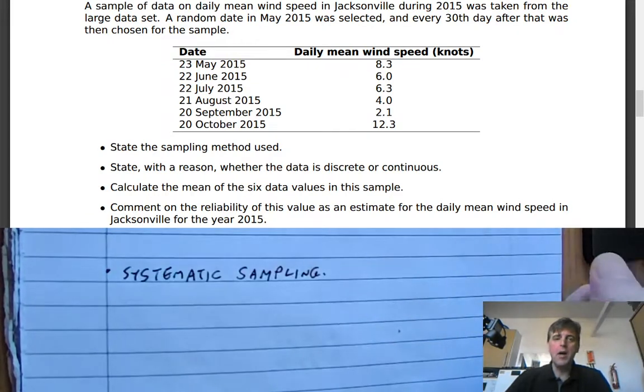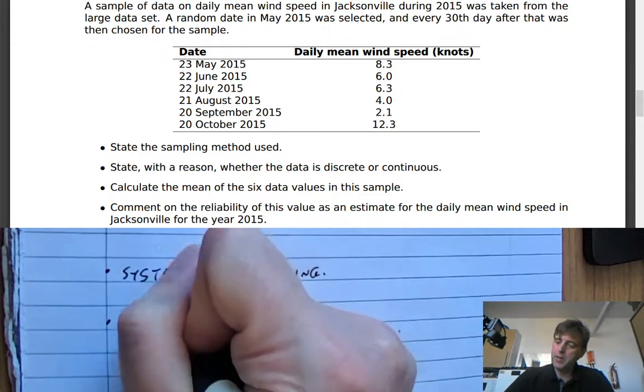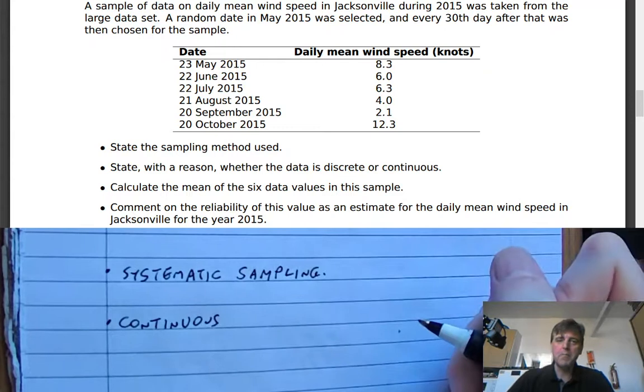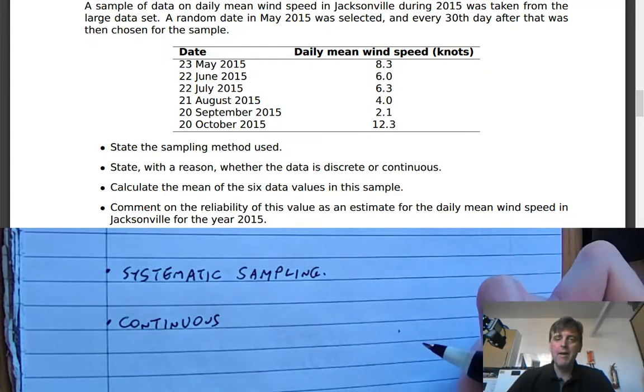Okay, is this data discrete or continuous? Well, the answer to that is that we have continuous data here. This wind speed, which is given in knots, those numbers in the table there, they're not exact numbers, are they? They've been rounded to the nearest tenth of a knot. So I think we can say that this is continuous data for that reason.